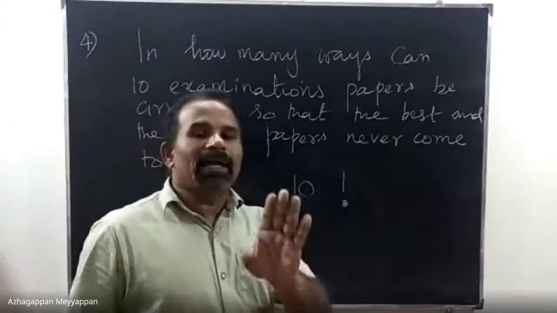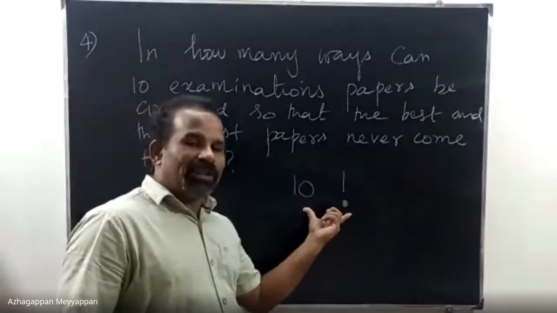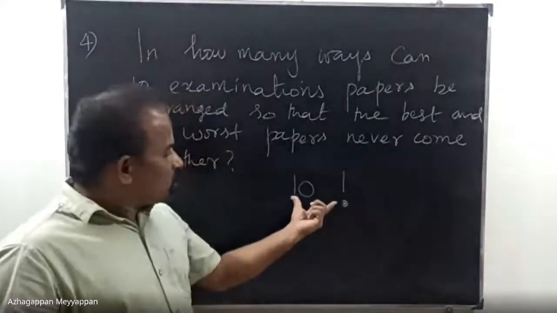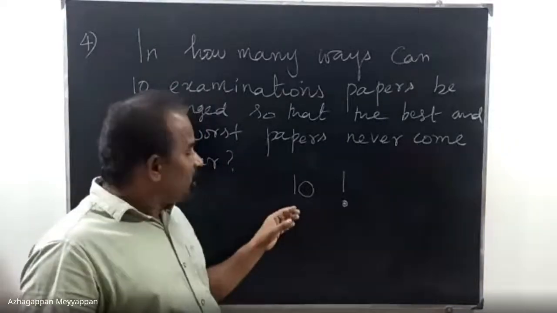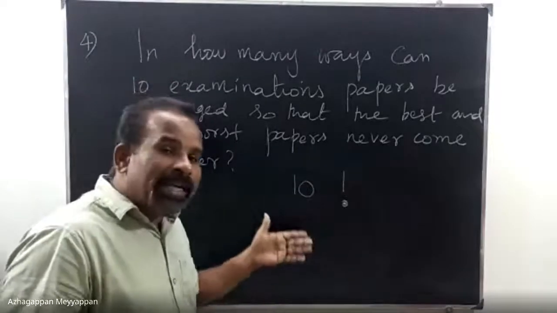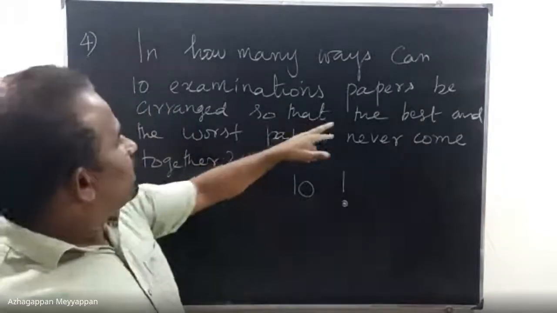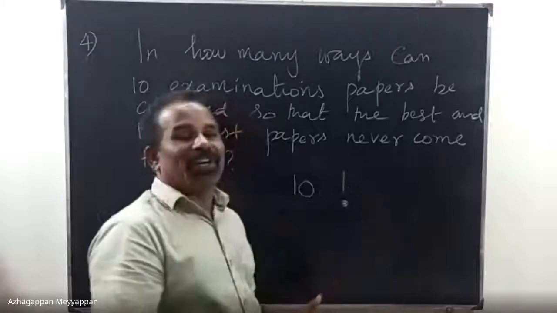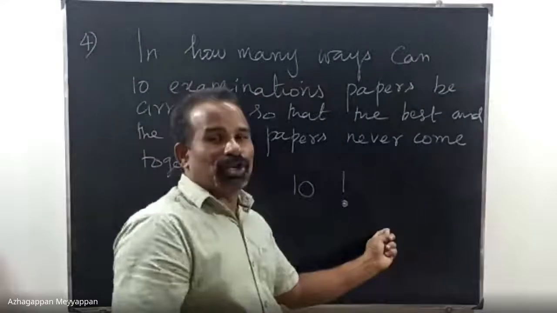We have 10 examination papers, and about 10 factorial ways we can arrange. Here a certain number of arrangements have the best and worst papers come together, and some certain number of arrangements have the best and worst never come together.